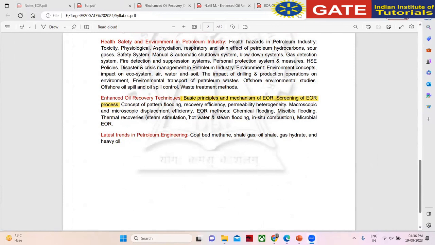This theory will be discussed in our next class, and we start the EOR methods in the next class: how interfacial tension and oil mobility ratio affect recovery in chemical flooding and polymer flooding, and the mechanisms of polymer flooding and miscible flooding.